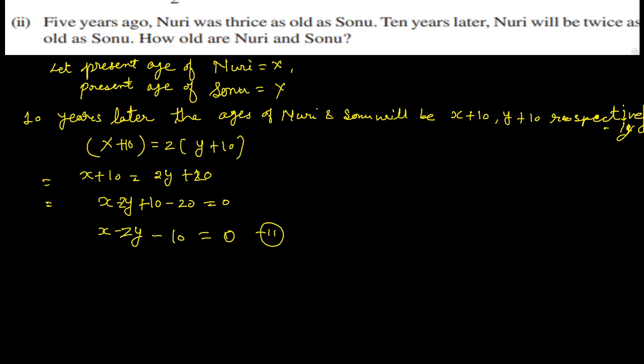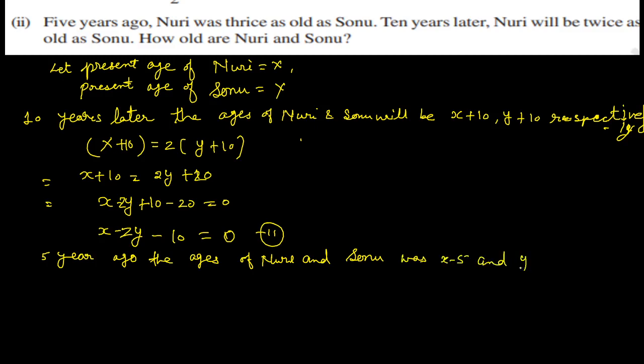So 5 years ago, the ages of Nuri and Sonu were x minus 5 and y minus 5 respectively.